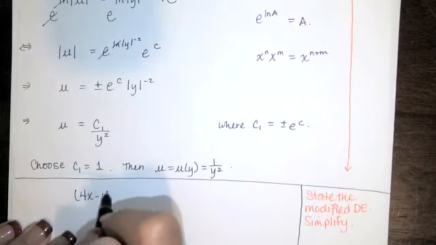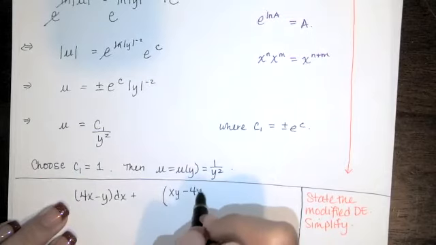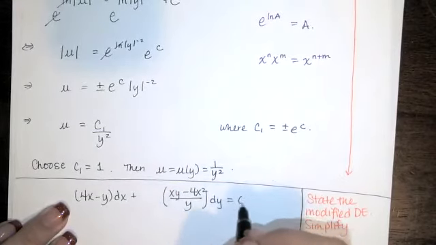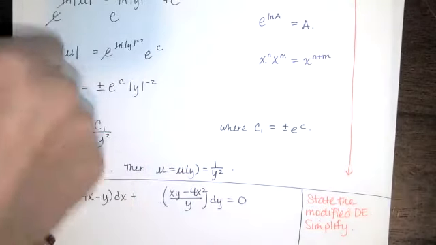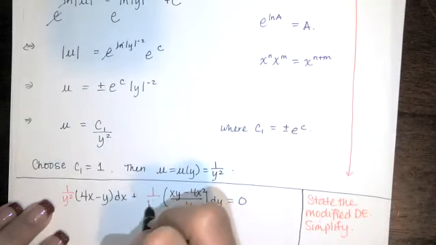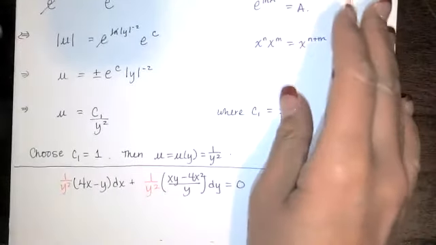We had (4x minus y) dx plus (xy minus 4x squared) over y dy equals 0. And we want to multiply this equation by 1 over y squared. And of course, 1 over y squared times 0 is just 0, so there's not really a need to write that over there.